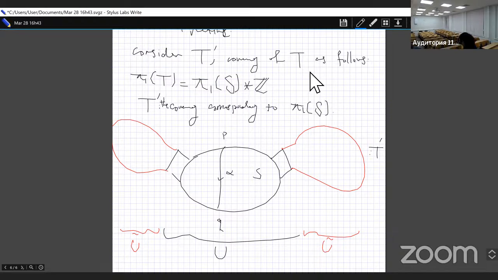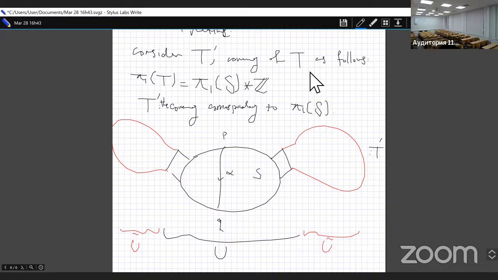Yes, so the claim is T prime is... to get T prime, we'll take U, and then we attach two copies of the universal cover of U. Does this make sense? Because U is some hyperbolic surface.